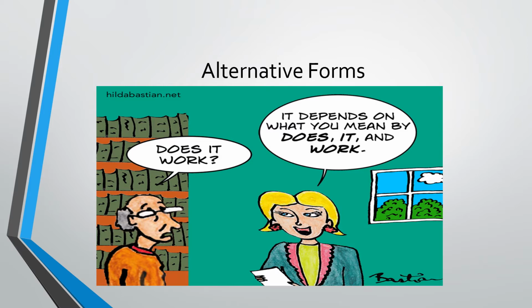The difference between the two is that alternative forms use different measures of a behavior collected at different times. If the relationship with the alternative form is low, it could mean there is an error in the measurements.